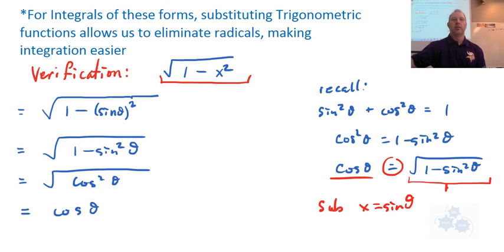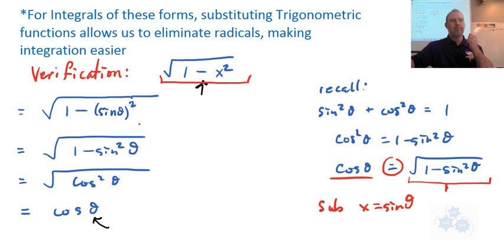Okay? You with me so far? So again, we went from a radical with expression x to no radical and a trig function. Okay? So this is the key.